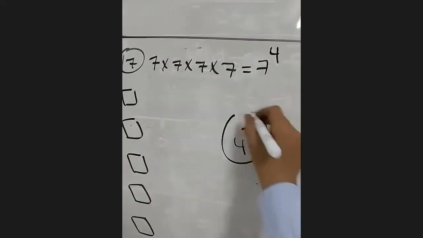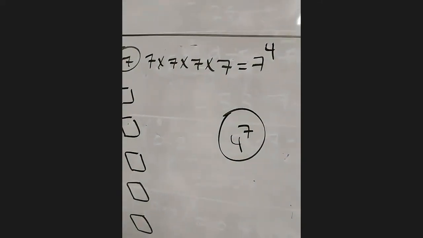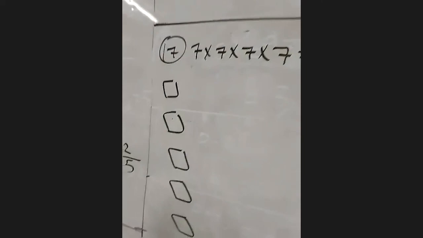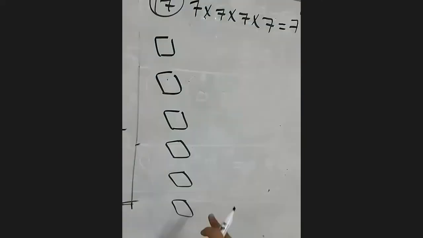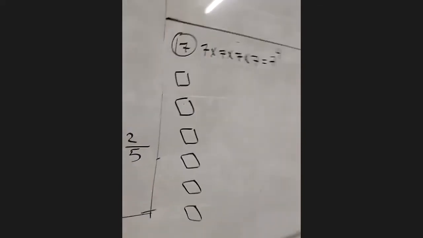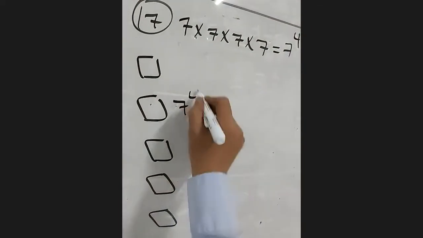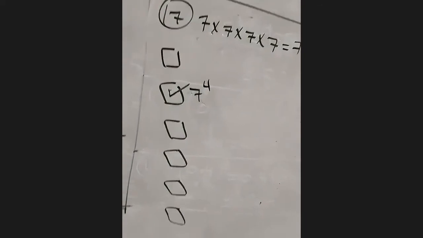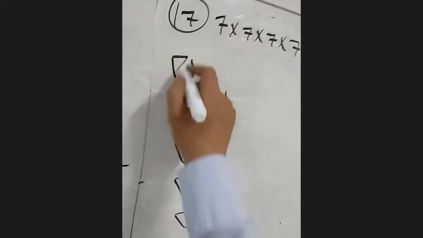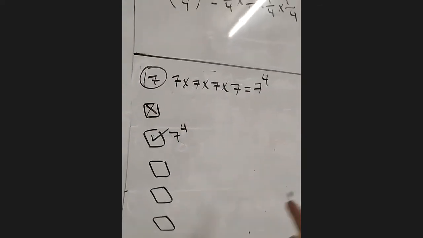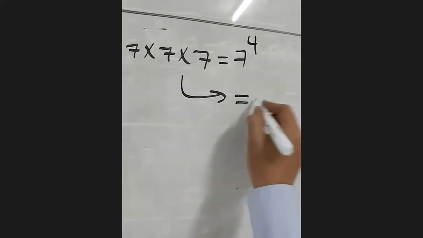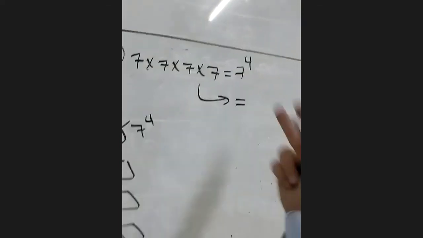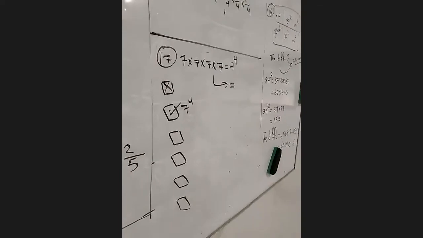So which one is correct, 4 to the power 7 or 7 power 4? 7 power 4. Which choice here? The second choice. So first, guys, you choose the second choice. This one is correct, but this one is wrong. Now let's find the answer of it. If you multiply these 4 sevens, what will the answer be if you evaluate it?